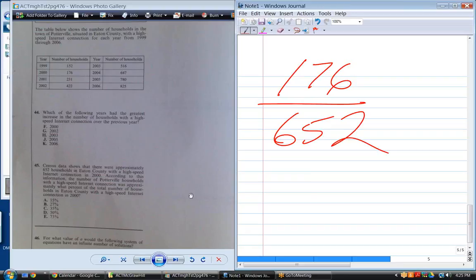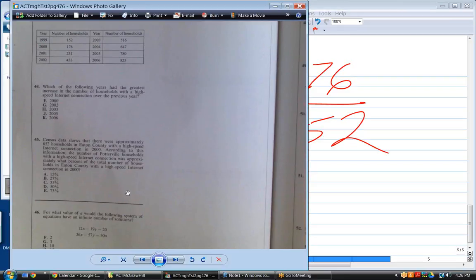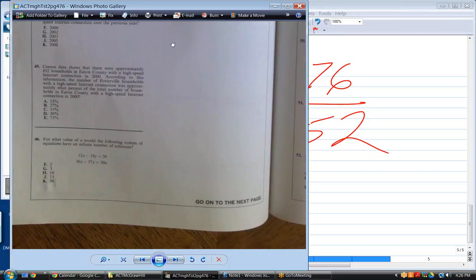This would be very hard to understand if that was all the information you were looking at, because it's necessary to read the title of that table to know that this is Potterville and they're talking Eaton County, a bigger area. You see what I'm saying? Okay. Let's go to 46.